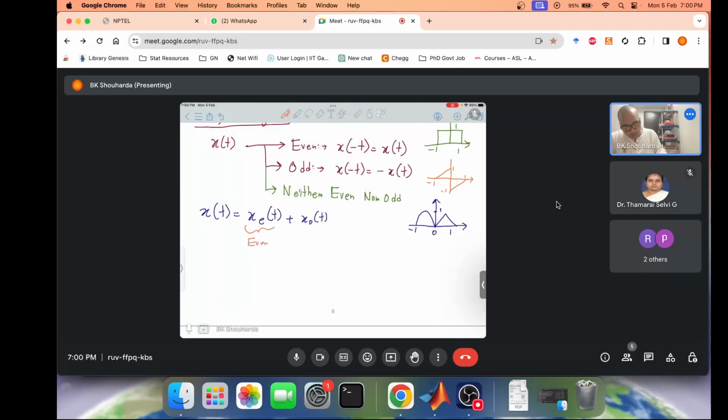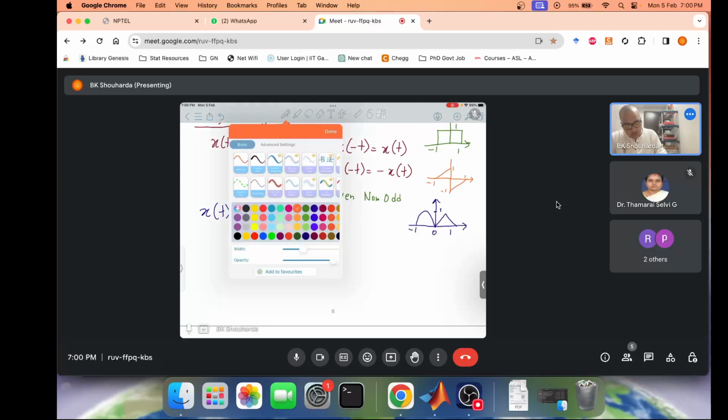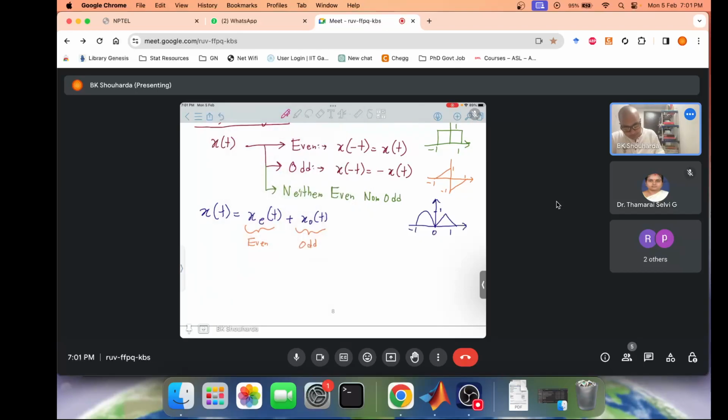Even and odd. So how do we write the even signal? The even signal xe of t is half of x of t plus x of minus t. And the odd signal xo of t is half of x of t minus x of minus t.